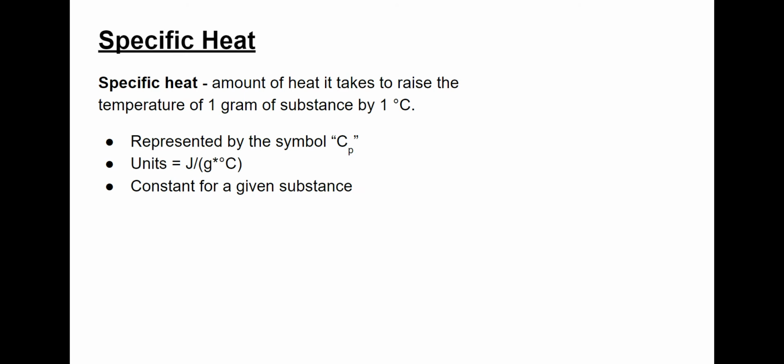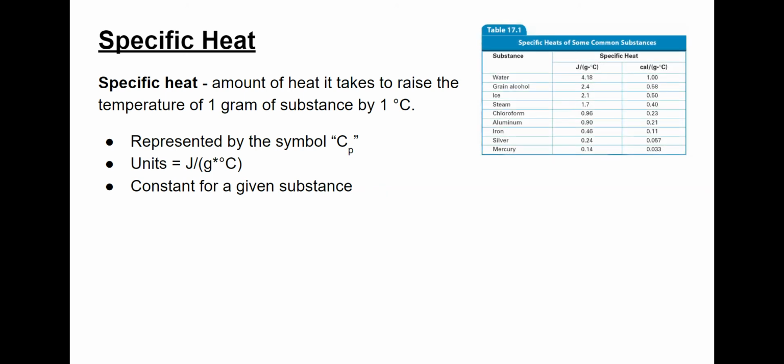You'll often hear the terms specific heat, heat capacity, and specific heat capacity used interchangeably. They mean very much the same thing. Specific heat is specific to 1 gram of substance. And those values are often listed in tables and help you identify a substance based on its specific heat.